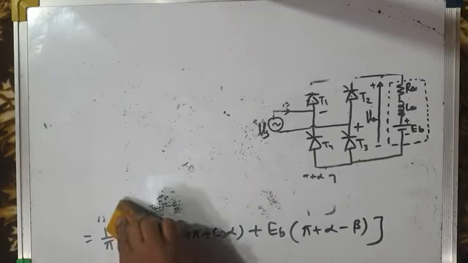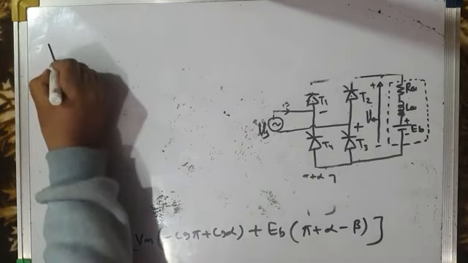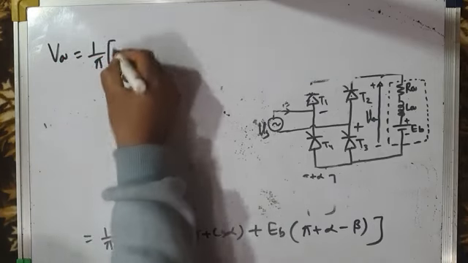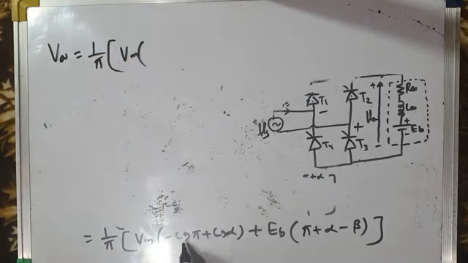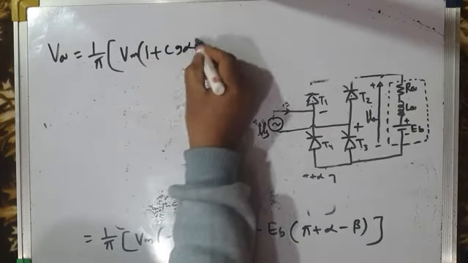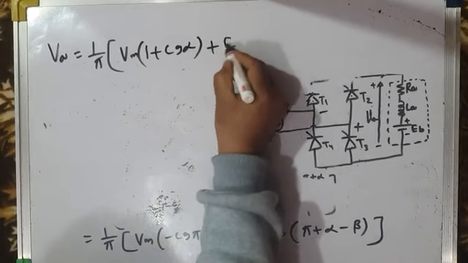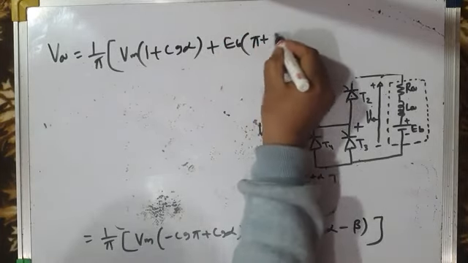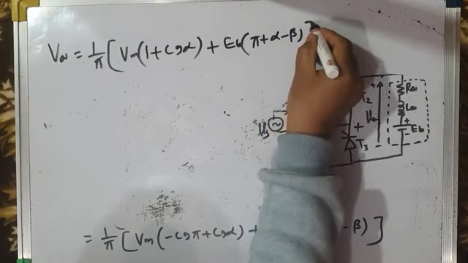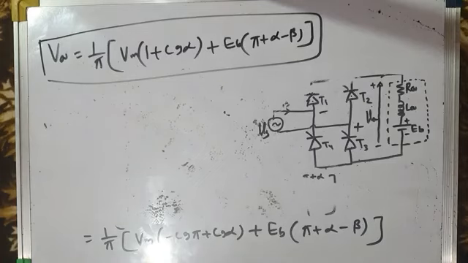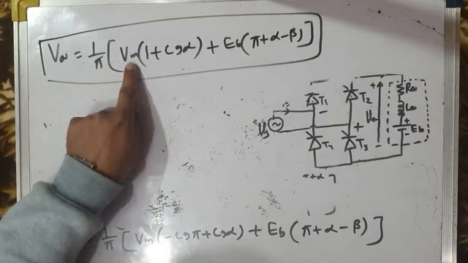Average armature voltage VA is equal to 1 by pi times Vm, cos pi is minus 1, minus into minus is plus, so 1 plus cos alpha, plus EB times pi plus alpha minus beta. This is the mathematical expression for average load voltage in terms of the peak value of source voltage.